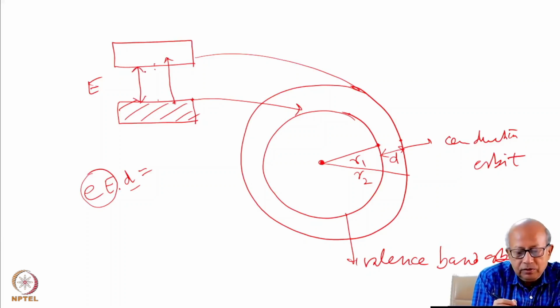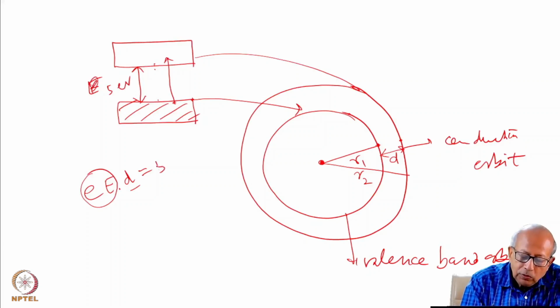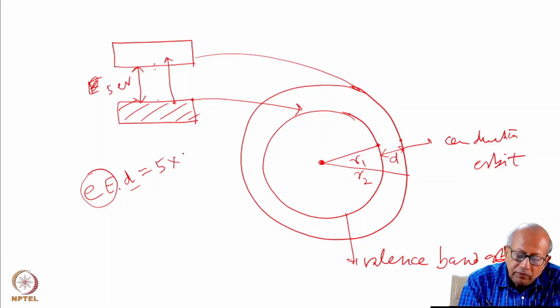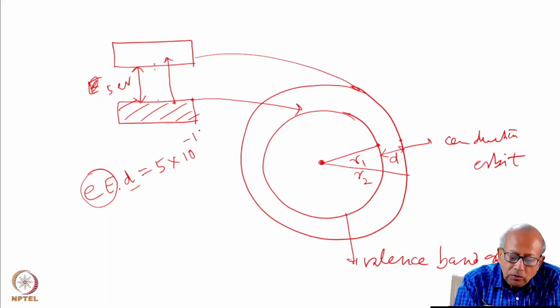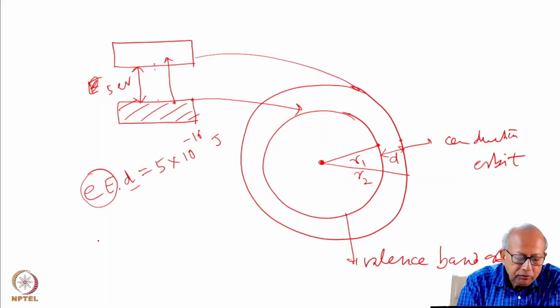Suppose this energy is 5 electron volts. So if I write it in terms of joule, it will be 5 into 10 to the power minus 16 joule.